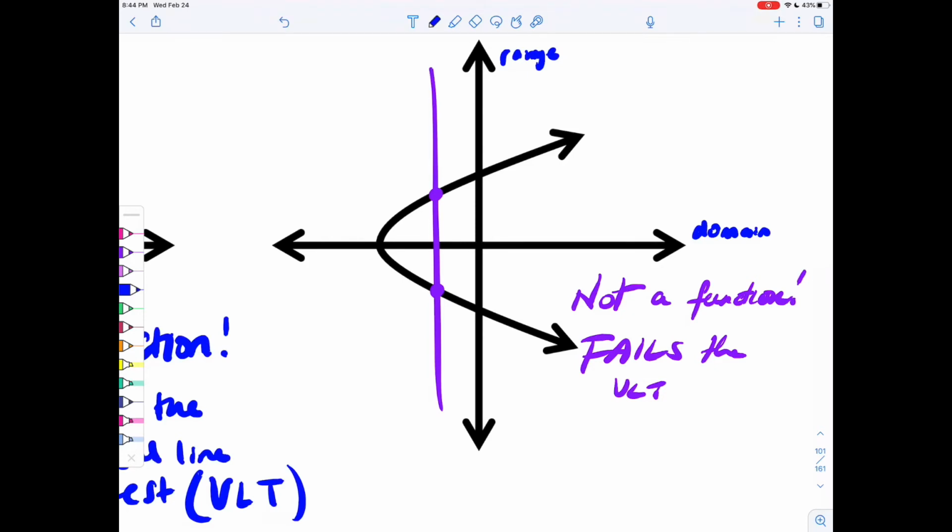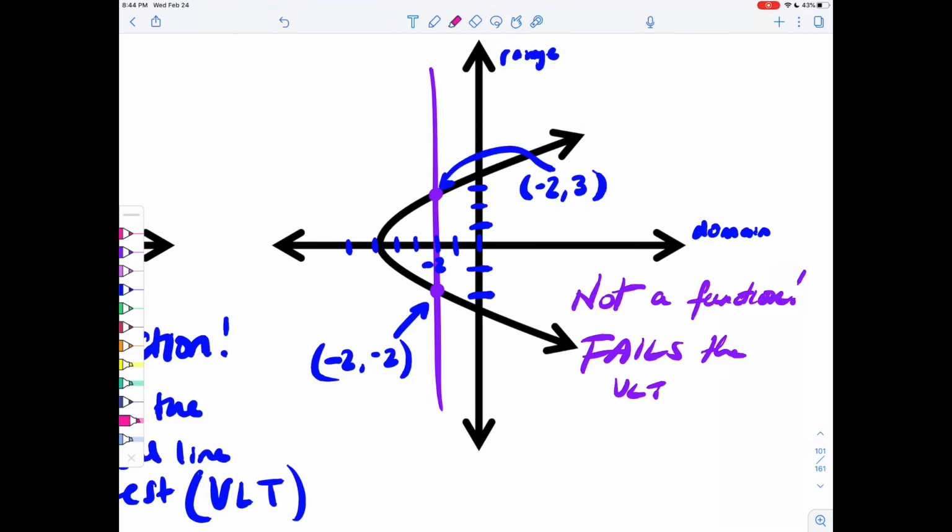So maybe the line that Mr. A drew is at x is -2. We could have maybe this point here, which is -2, -2. The x value is -2 and its y value is -2. And maybe it's -2, 3 for this point here.